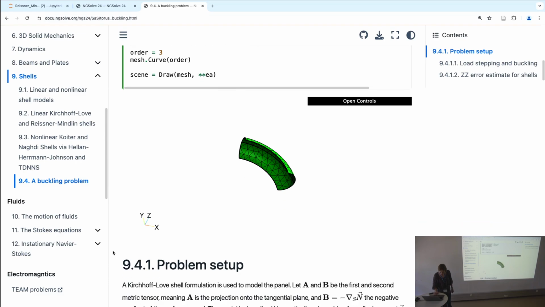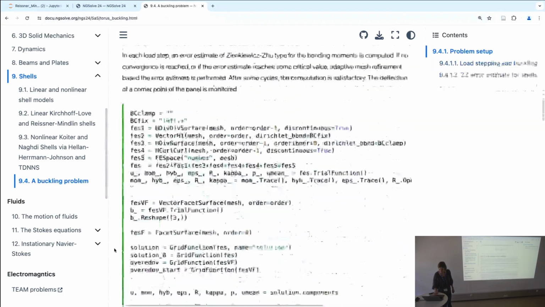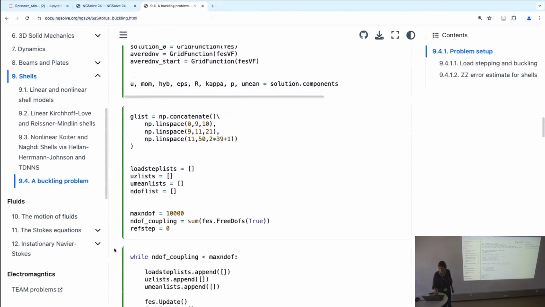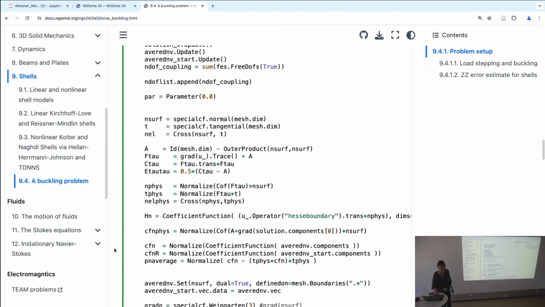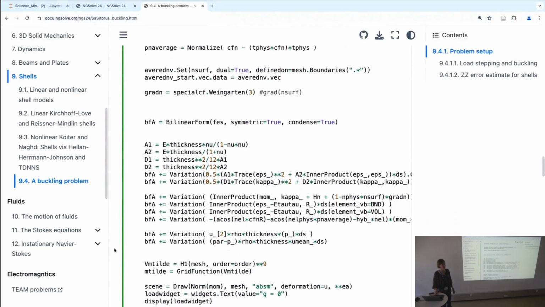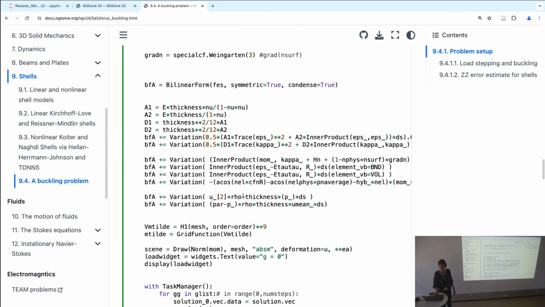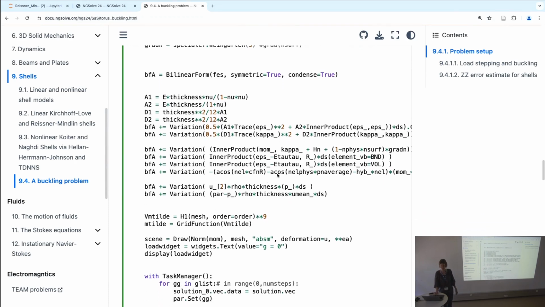And what we did is set up the problem. That's essentially Michael's code. What I need to change if I do some more fancy shell formulation is talk about these first two lines here. That's where we have the curvatures and the membrane strains. The rest is the add-ons we always need.